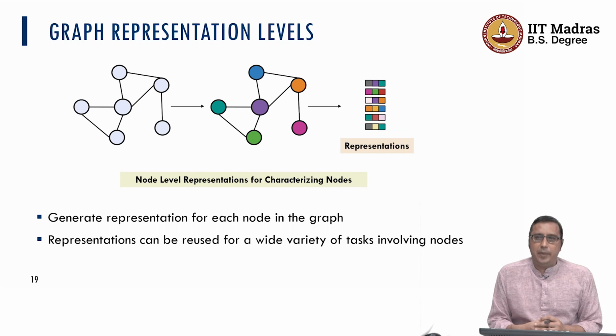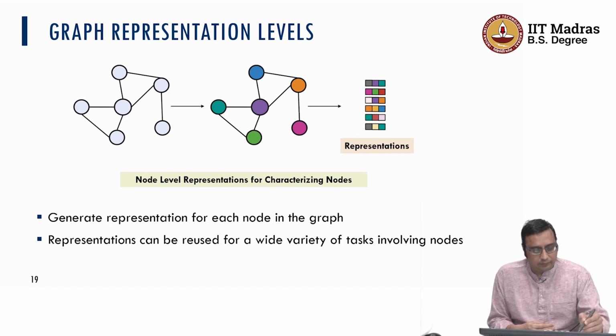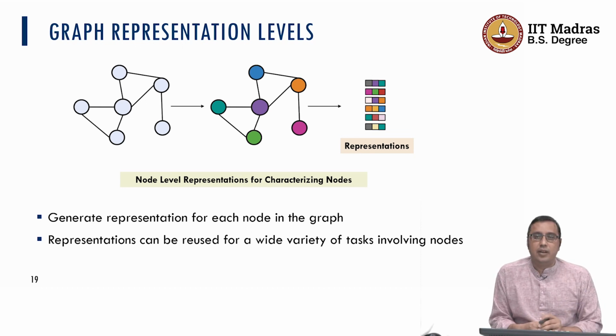Now, once we have embedding, what different kinds of embedding can we do? There are graph representation levels. Here we can do embedding using each node's characteristics, or we can take a graph where each node has a different embedding or representation, and once we have that, we can use that representation for a variety of tasks involving the nodes.